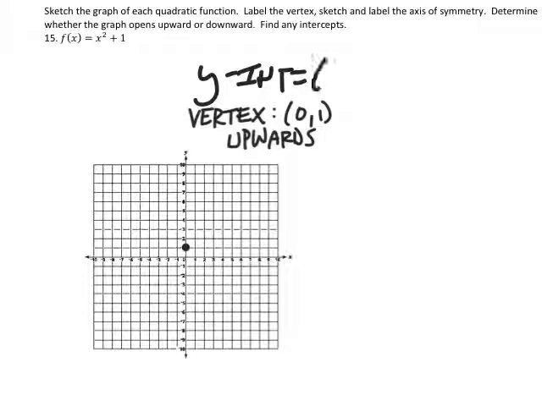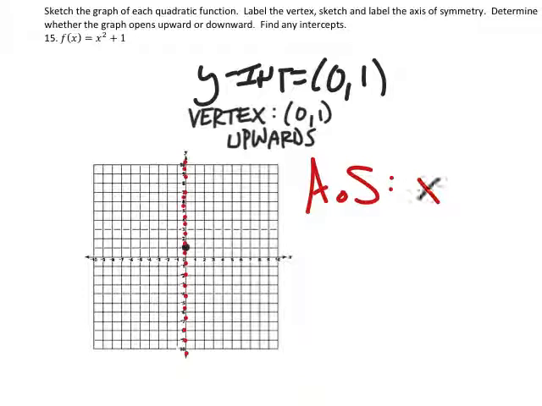It's going to be at (0, 1). And the axis of symmetry is on the vertex, and since this is opening upwards, it should be on this dotted line here. It's about as straight as I can make it. So that is an axis of symmetry at x equals 0. Or you can just write the y-axis if you want.